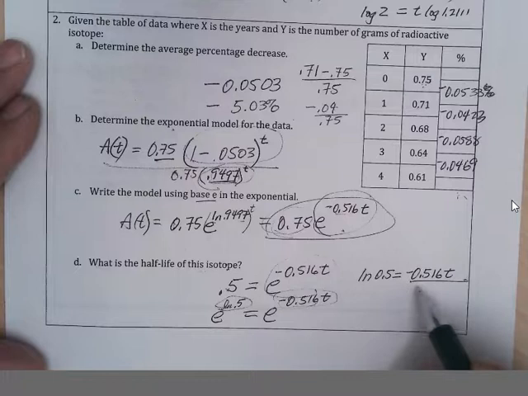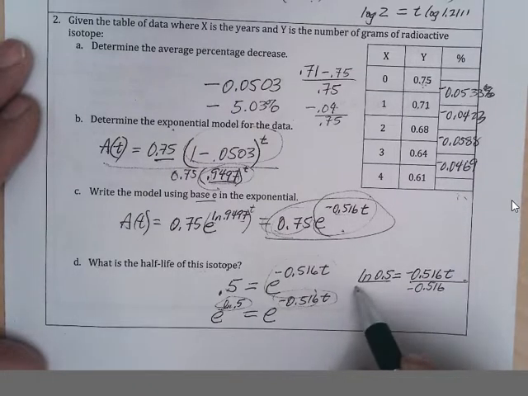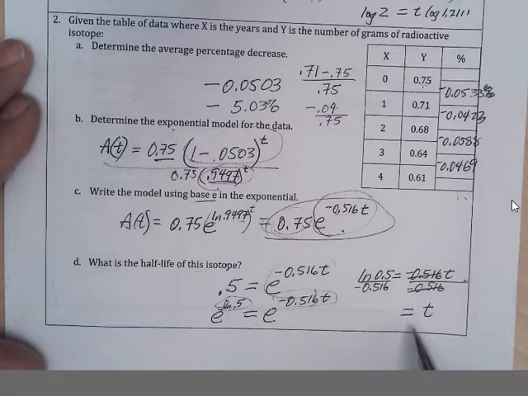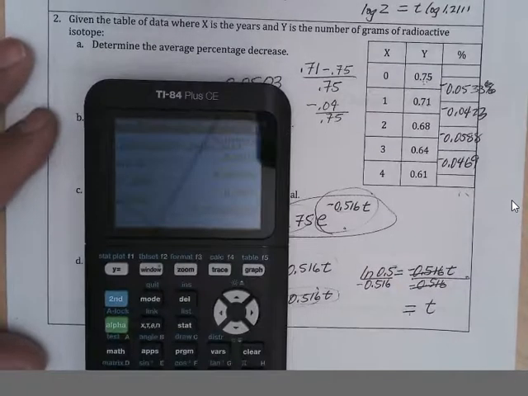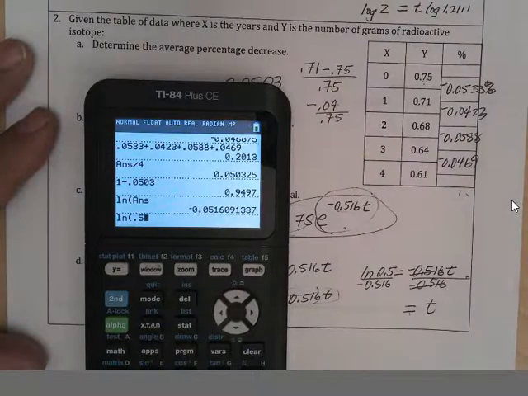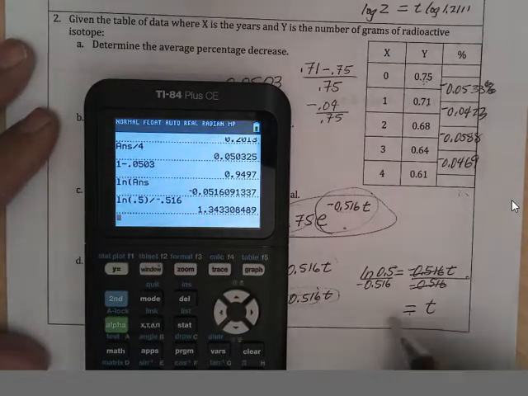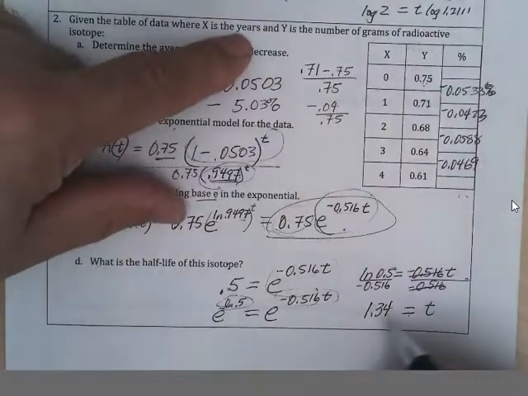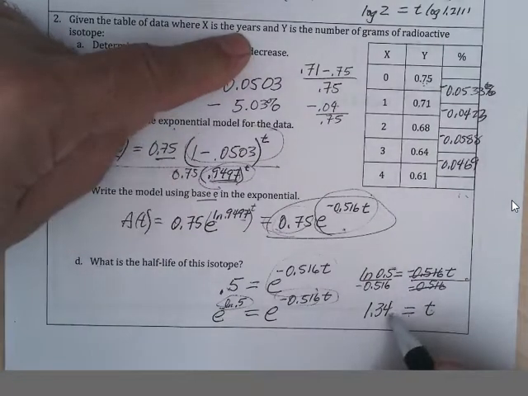So I divide both sides by negative 0.516, getting rid of that. And so the t, the half-life, when it gets to be a half, is going to be that. So I'm going to type in ln 0.5, close parenthesis, divide by negative 0.516, and the half-life is 1.34, and x is in years. So t or x is years.